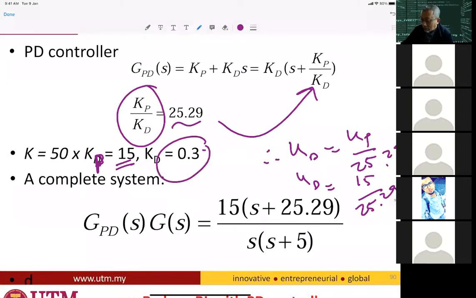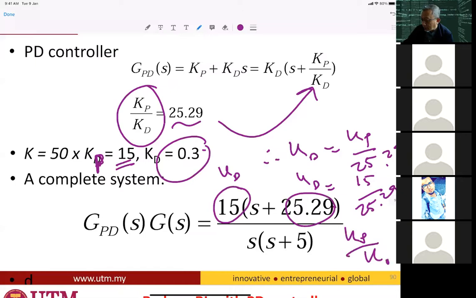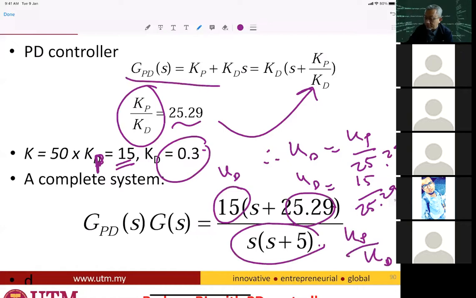So this is your KD, and this is your ratio, KP over KD. And this is the open loop pole, s plus 5. So you get the PD controller there.